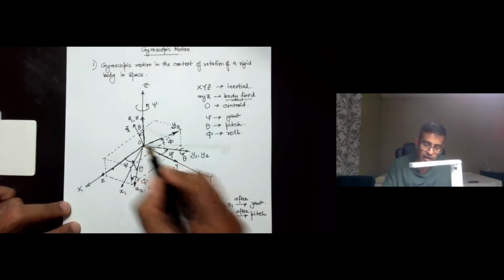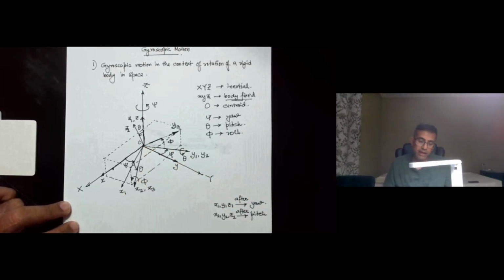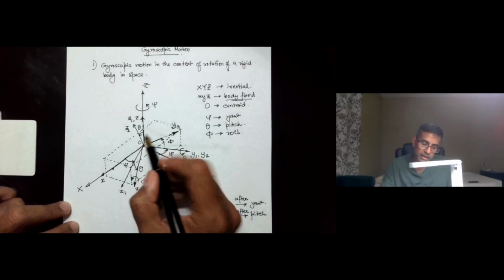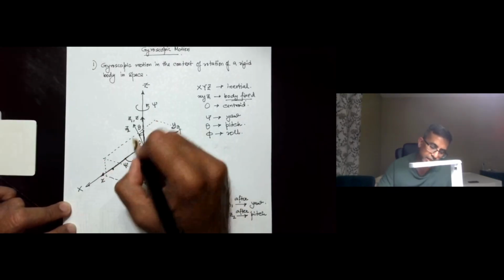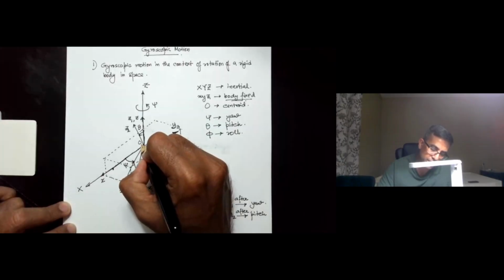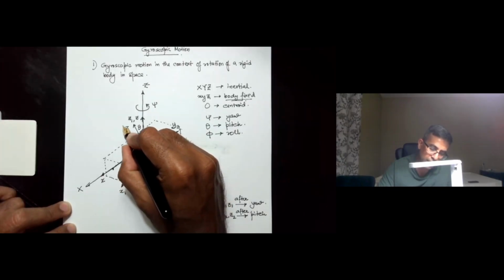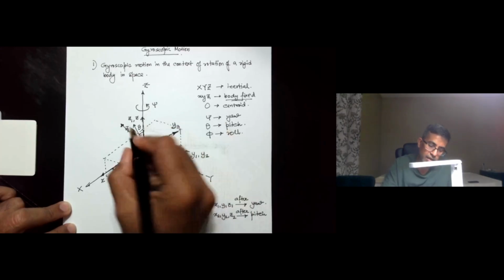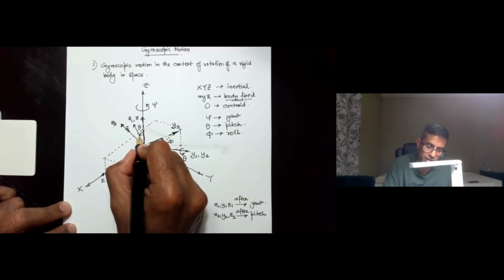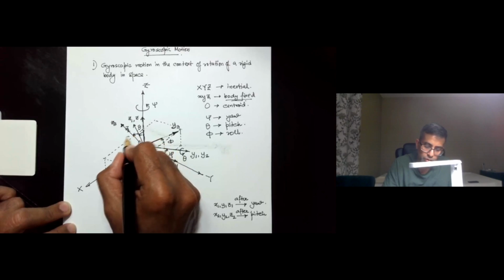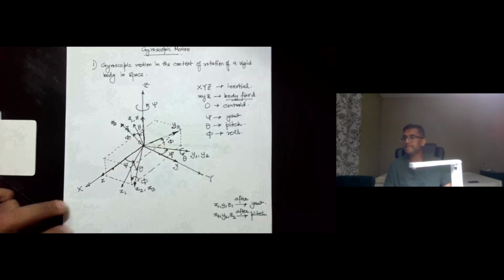Right, and similarly, when we make this turn, z2 will also turn to z3, and that rotation is also going to be by angle phi.